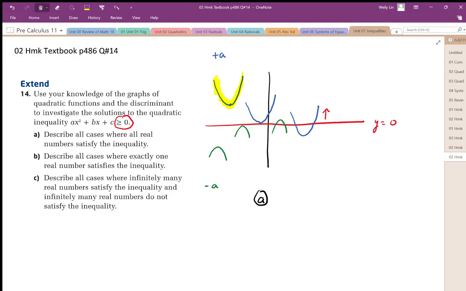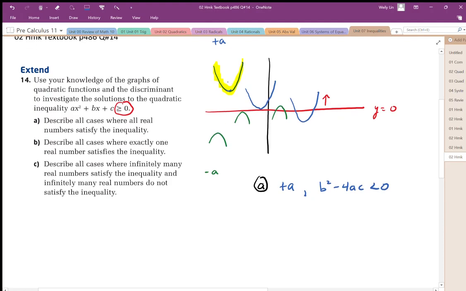And so the conditions for this would be, we have to have a positive a value, and then since there are no real solutions where it touches the x-axis, that would mean that b squared minus 4ac must be less than 0. Okay, so we have a negative discriminant that would give us no solutions, meaning that it doesn't touch the x-axis, but it's entirely above the x-axis.